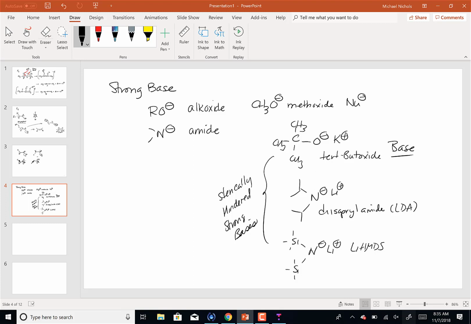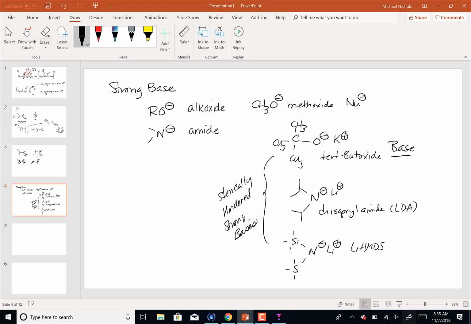And nine times out of ten, I probably won't even put the potassium in there, because it's nothing more than a counterion, but people don't recognize that, so it ends up everywhere. Like, it'll end up in the middle of a cyclohexane ring. I don't know what it's doing there. You have to realize counterions are just counterions. They go wherever the negative charge is. But in order to avoid point loss, I usually don't involve the K. So we'll just use Tert-Butoxide.